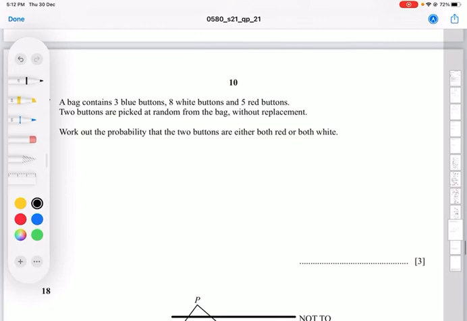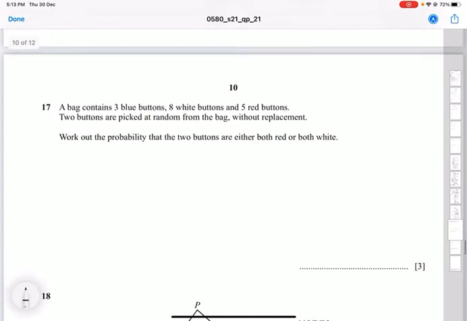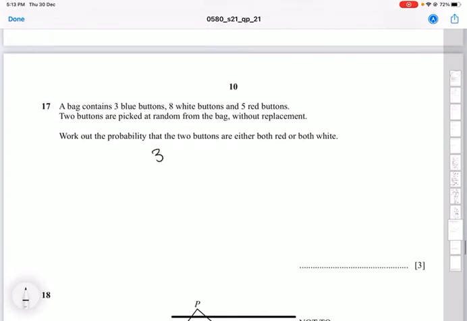So you see a bag, so this is a probability question. A bag contains 3 blue buttons, so let's put 3 blue, 8 white, and 5 red. 2 buttons are picked at random from the bag without replacement. So every time you pick one, the amount in the bag is decreasing. Work out the probability that the 2 buttons are either both red or both white.